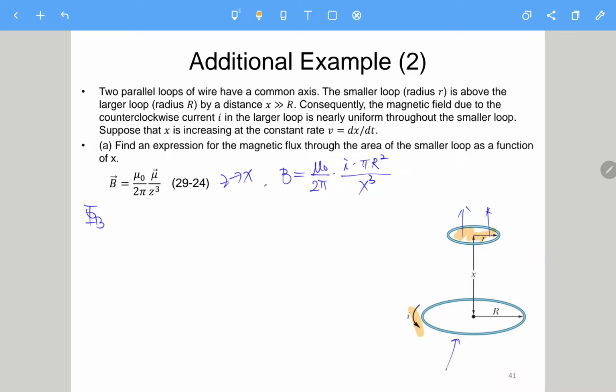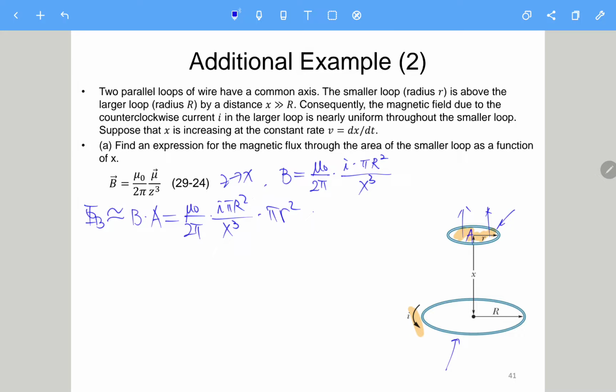Of course we are talking about phi B here, so phi B will be approximately B times A. A is referring to this cross-section area. So we have mu 0 over 2 pi times I pi capital R squared over x cubed. This is the B, and then A of this one is pi small r squared.